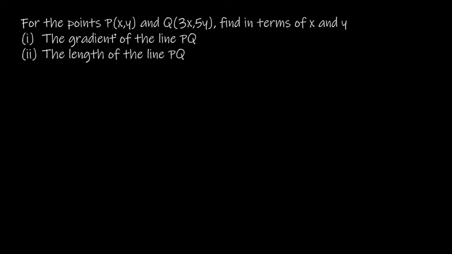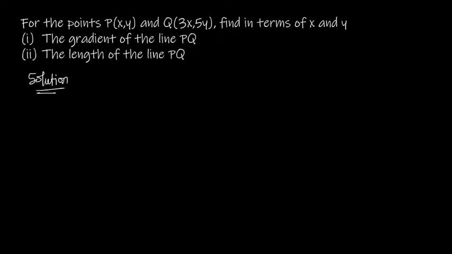So for the points P (x, y) and Q (3x, 5y), we are to find in terms of x and y, I, the gradient of the line PQ, and then II, the length of the line PQ. So let's go ahead and look at the solution for this problem.